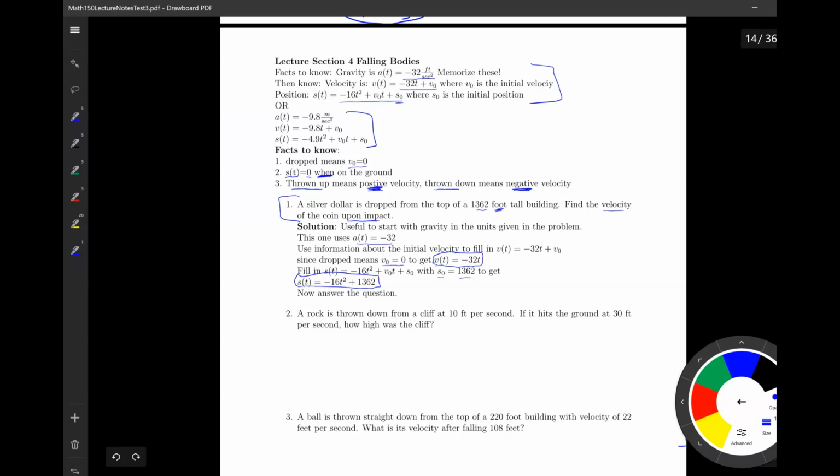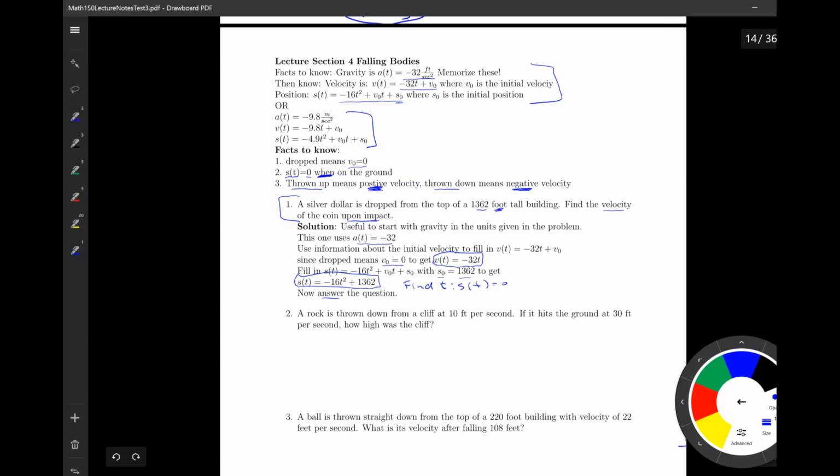So I've got my functions, well, mostly I need my velocity and my position function. Now we're ready to answer the question. So the question is telling me they want me to find the velocity when it hits the ground. So when it hits the ground is just like I was saying, that's going to be when the position is zero, so find t when s of t equals 0.